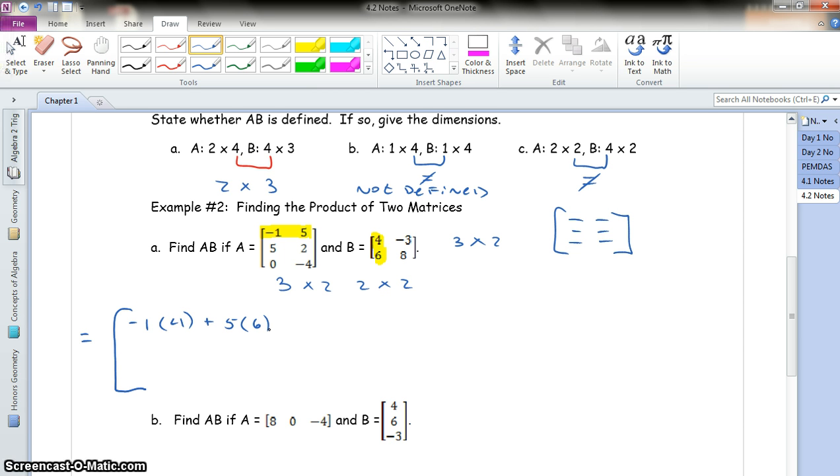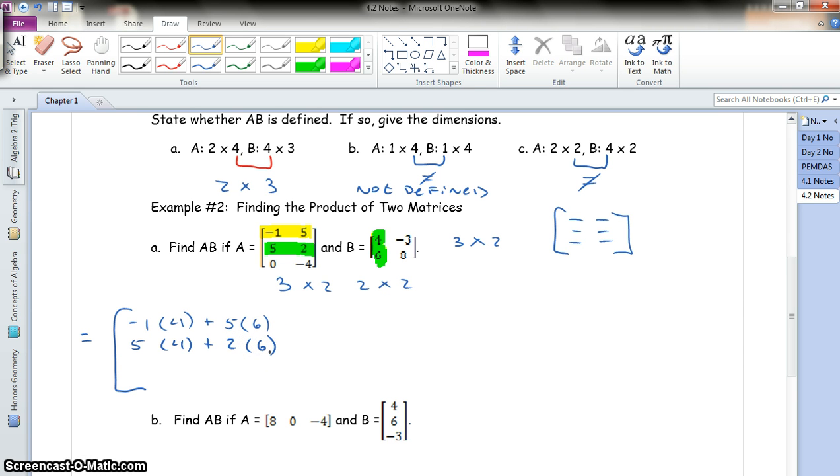Now we're going to go on to the second row. We're going to take the second row and do the exact same thing with the same column. So I have 5 times 4 plus 2 times 6.